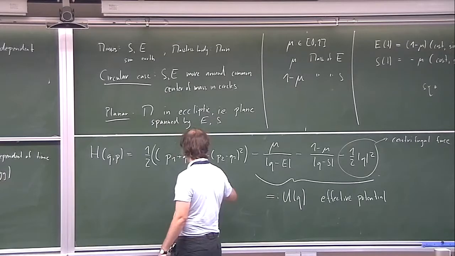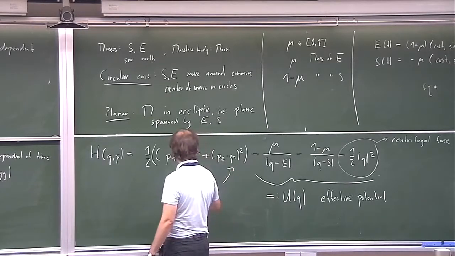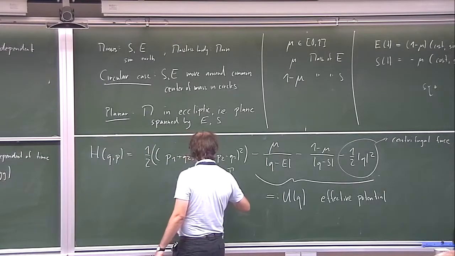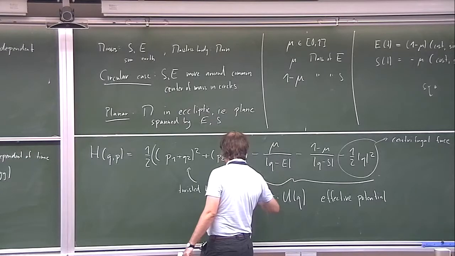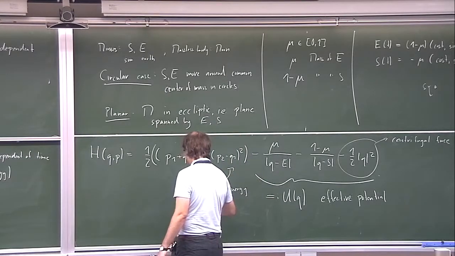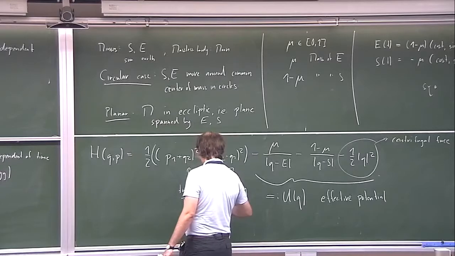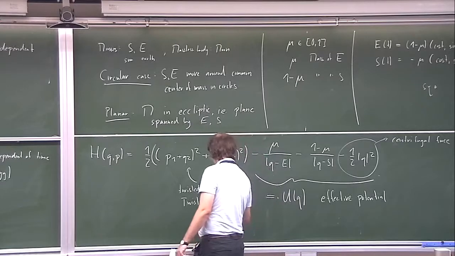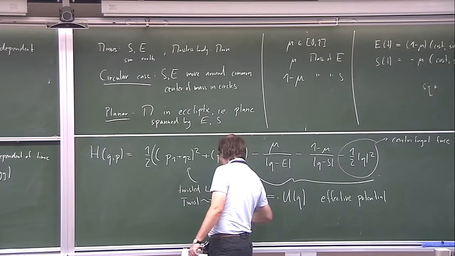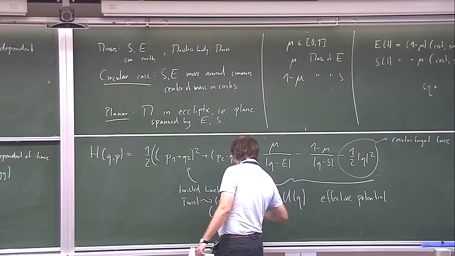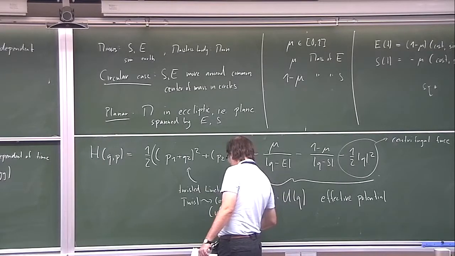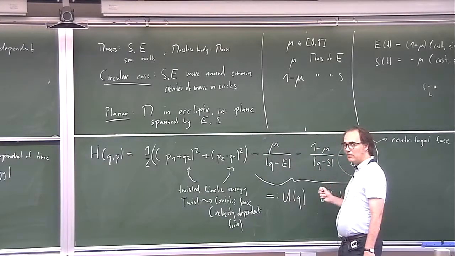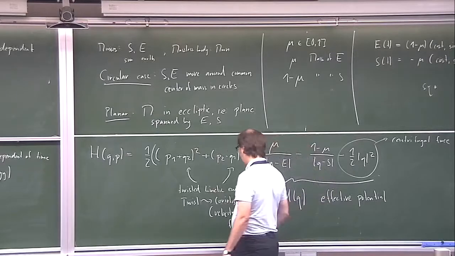So we have here a twisted kinetic energy, and the twist gives rise to the Coriolis force, which is velocity dependent. This is quite different from these three forces, which just depend on the position, while the Coriolis force depends on velocity.